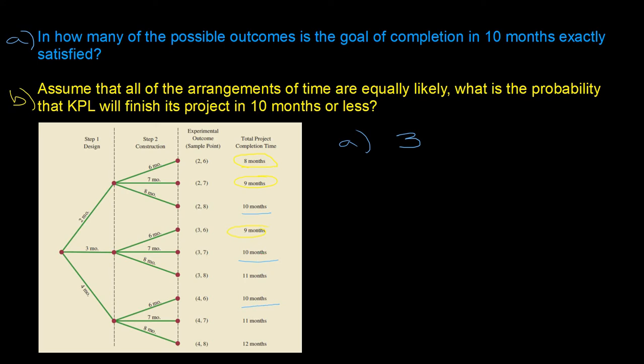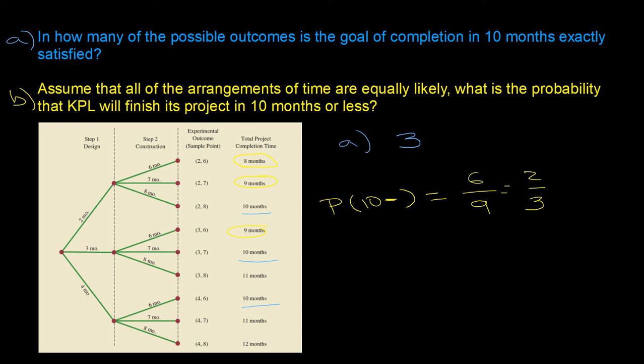So the answer, the probability, let's write it like this. In 10 months or less, let me write this minus sign to represent less. That's not proper notation, but don't worry about that, we will get there. It is 6 out of 9 possible outcomes, and of course we can simplify this fraction, so that is 2/3.